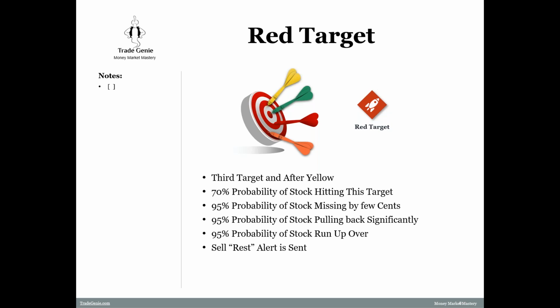For instance, if the ATR is, let's say, $3, we take 40% or 30% of the ATR, and we say, okay, the stock has crossed the red target with a bang, and this is the ATR and this is the volume, so we need to hold. Or if we are holding the call and the stock gaps up, we hold that trade.